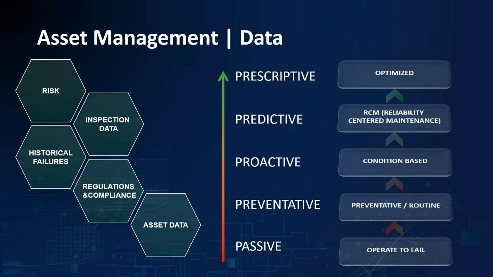Well, I think you look at that first left-hand box of the asset data. I think the problem is people just don't have a good handle on all aspects of their data. The historic data, they don't have a good handle necessarily on the currency of the data.